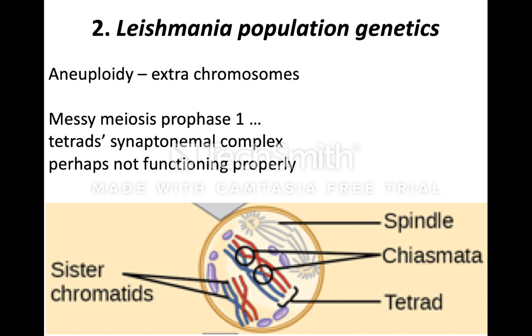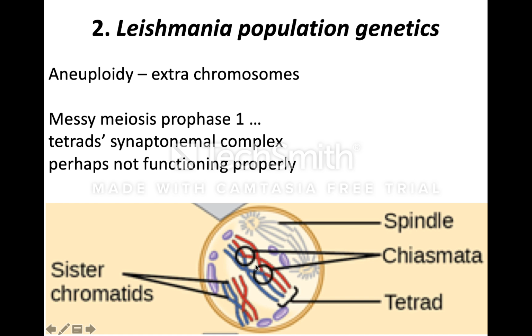So, as I mentioned, aneuploidy is a major feature of Leishmania associated with the extra chromosomes. In short, it's associated with some sort of meiotic mistakes in prophase 1 of meiosis. So we should have tetrads here, as shown by the cell down here, that line up in the middle of the cell.